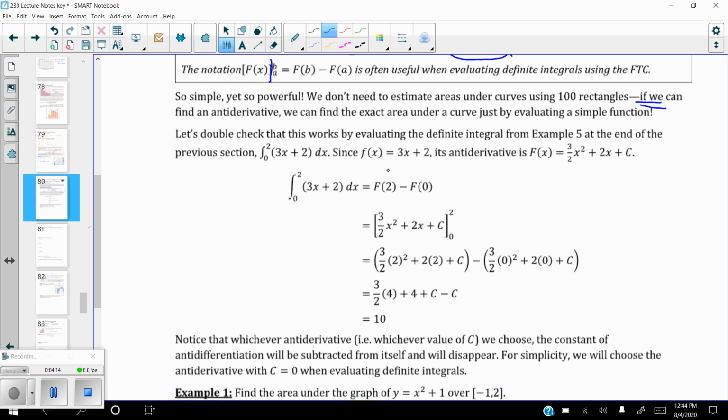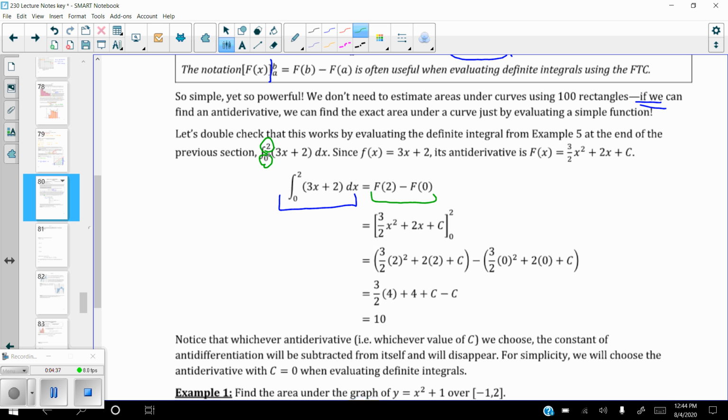That's the antiderivative. According to this, if I want to take this integral, I find the antiderivative and I evaluate it at 2 and I evaluate it at 0 and I subtract them, and that's because 0 and 2 are the bounds. You always evaluate it upper bound minus lower bound.